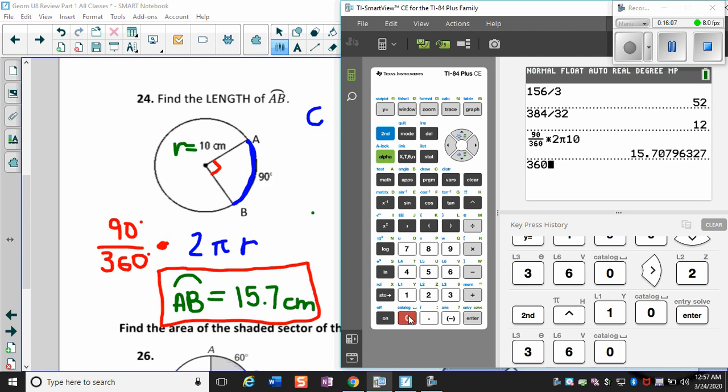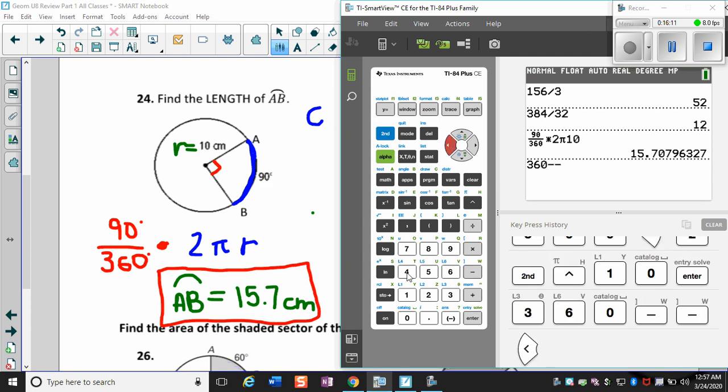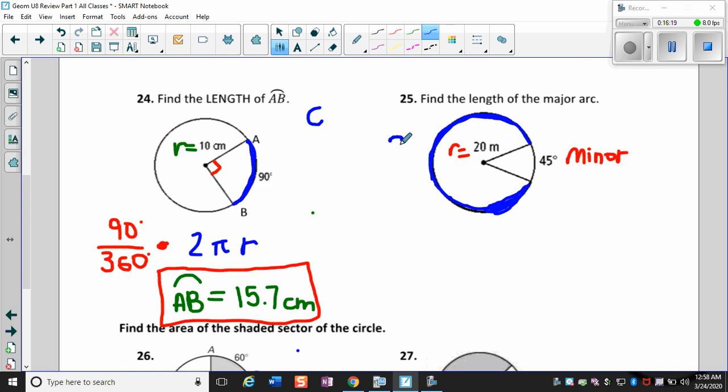That's a full circle, right? We know that that little minor arc is 45 degrees. So let's subtract it and you end up with 315. So going back, I know that the major arc, this one, is 315 degrees, right? Which means then that the central angle of this circle is also 315 degrees.